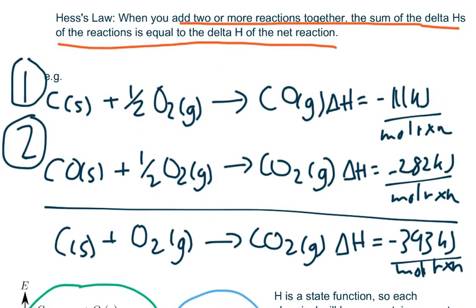So, in order to show that, let's look at these two reactions combined. If we combine the left side, we will be left with CO, and this should be in the gaseous state, sorry for messing that up, and we will have 1/2 O2 plus 1/2 O2, which is going to be 1 O2.